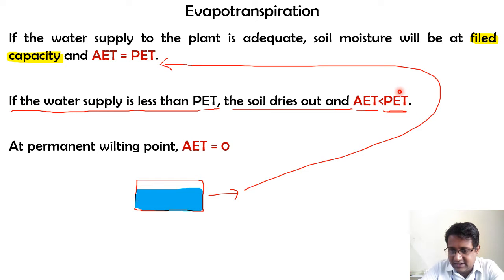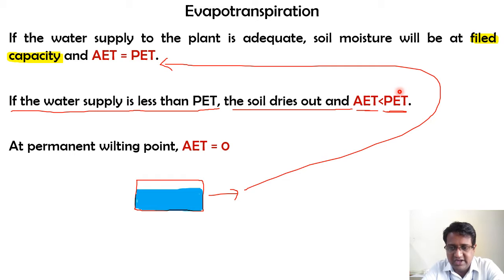As I explained in the previous slide, from 0 to 99%, whatever the evapotranspiration that occurs, we call it AET, actual evapotranspiration. The moisture content, even if it is varying from 0 to 99%, sorry, it will usually be 1 to 99%. If it is 1 to 99%, then we call it actual evapotranspiration.